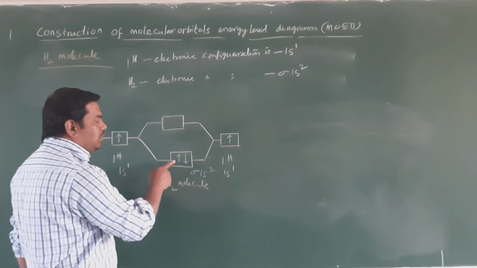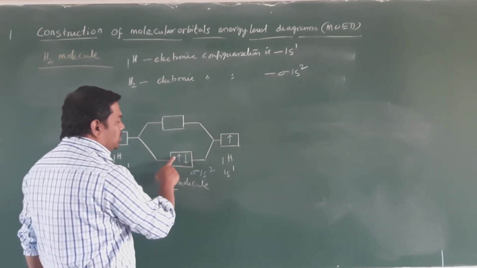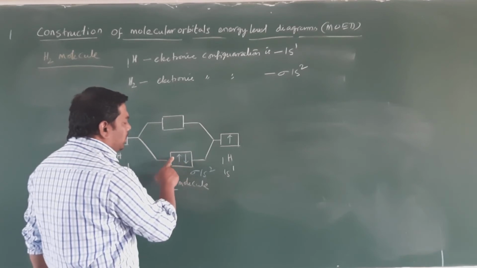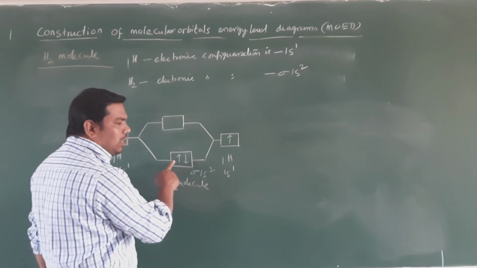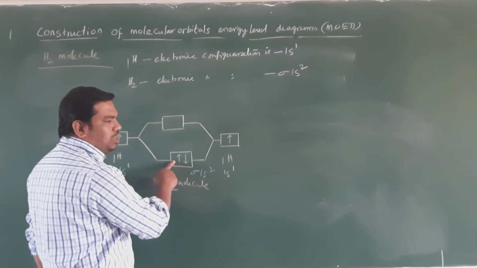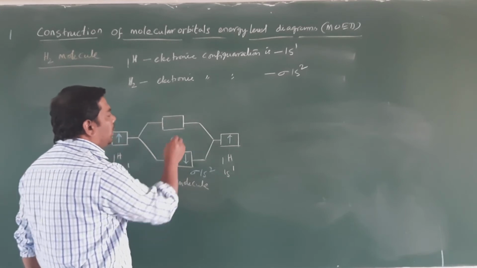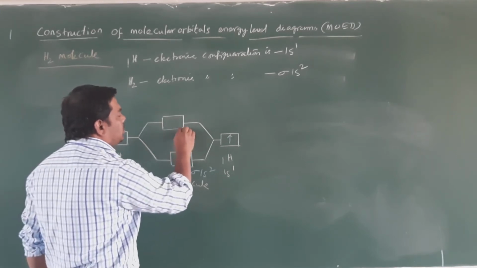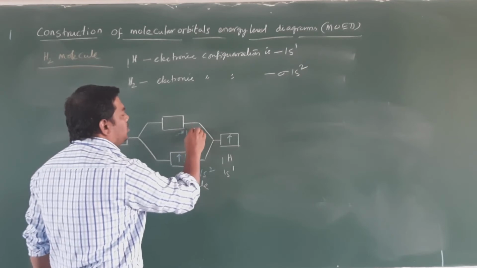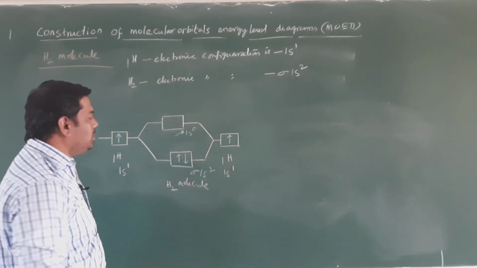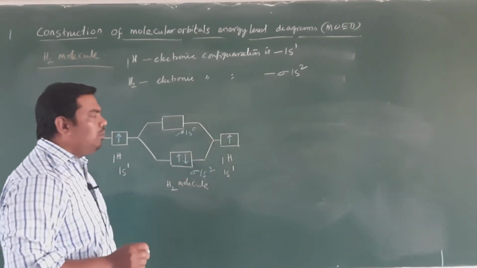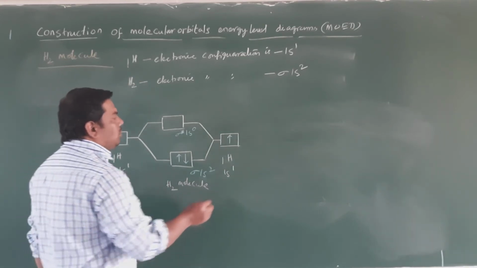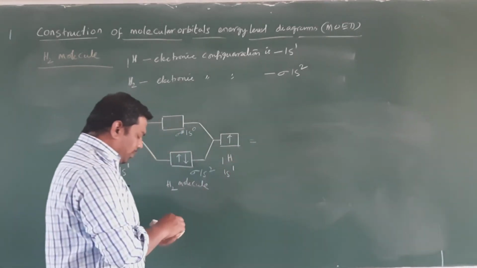What I said, student, is that each orbital holds only 2 electrons with opposite spins. That is very, very important. Here there are no electrons in sigma star 1s, so it is sigma star 1s0, and this is sigma 1s2. Then we write the bond order.